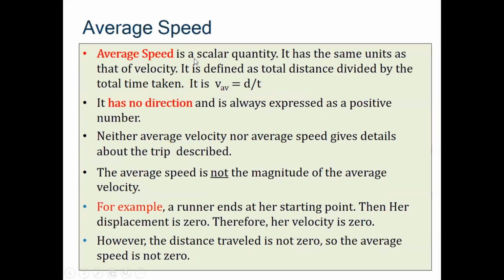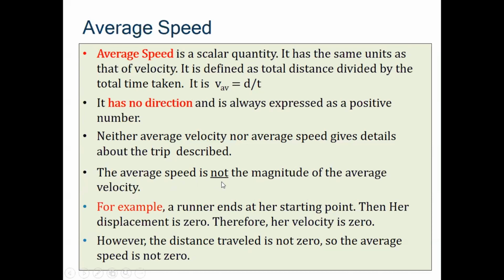The average speed is basically a scalar quantity as compared to the average velocity, which is a vector quantity. It has the same units as that of the velocity. It is defined as the total distance divided by the total time taken. The average speed has no direction. It is always expressed as a positive value. Neither average velocity nor the average speed gives the details about the trip.